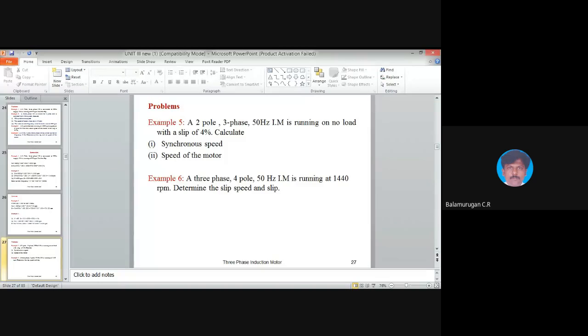This rotating magnetic flux will be generated on the stator only, and due to that we'll have a physical movement on the rotor part. So this rotating magnetic field is applicable on the stator part. Flux is a magnetical rotation, and with the help of this magnetical rotation, we'll have a mechanical rotation on the rotor circuit.